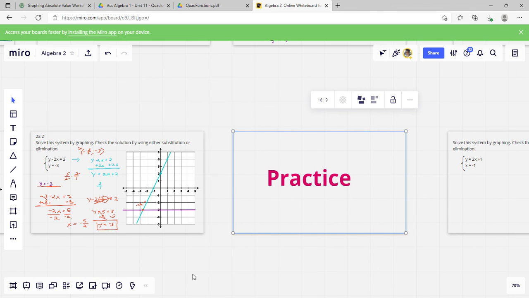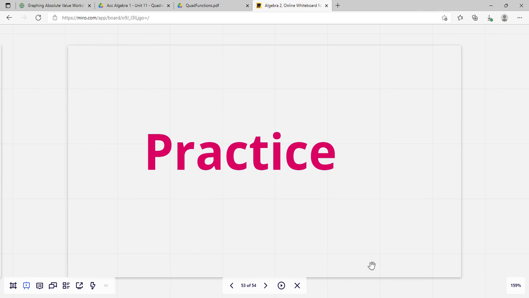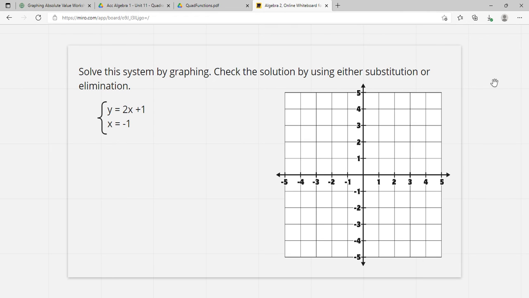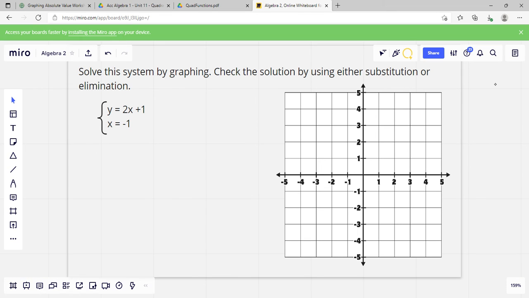So go ahead and pause the video and do the practice problems, and then I'll come back and work them for you. Alright, so this one only has one practice problem, and it says solve this system of equations by graphing. Y equals 2x plus 1. I don't even have to rearrange that. Easy peasy.